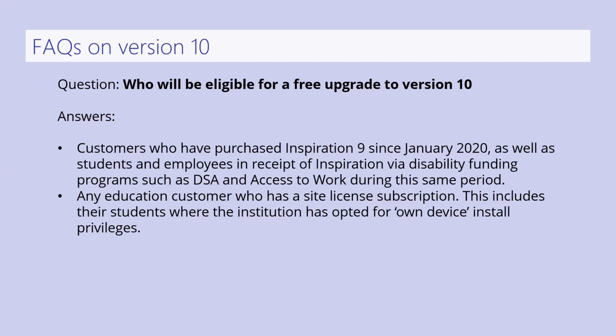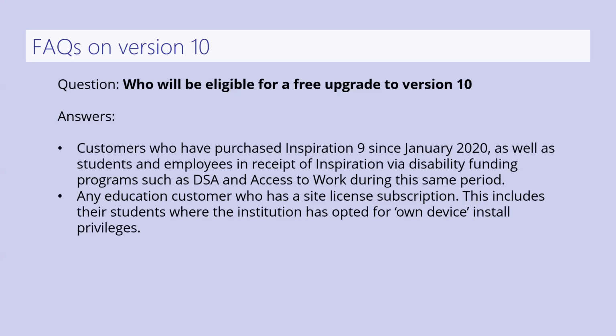So I do recognize some of the colleges and universities that are on this session. So if you do come across a student who is using Inspiration 9 but has purchased it since January of this year but still hasn't upgraded, let them know that they are still eligible to upgrade to version 10, and we'll be more than happy to handhold them through the process of getting to version 10.